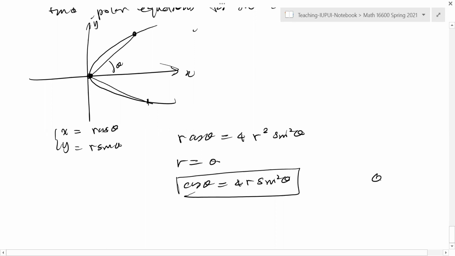I think theta is between negative pi over 2 and positive pi over 2, and you get the whole graph already.